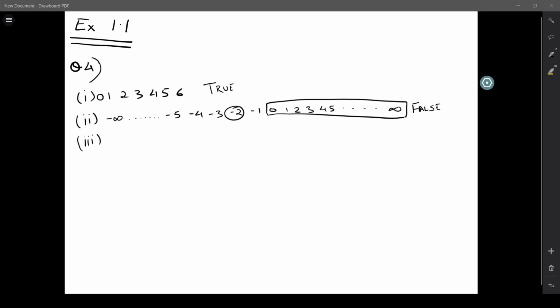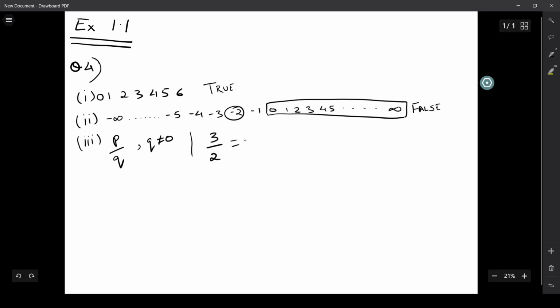The third statement says every rational number is a whole number. Rational numbers, like we know, are numbers which can be represented in the form of p by q, where p and q are integers and q is not equal to 0. Let's take an example of such a number. 3 by 2. 3 by 2 is not a whole number.